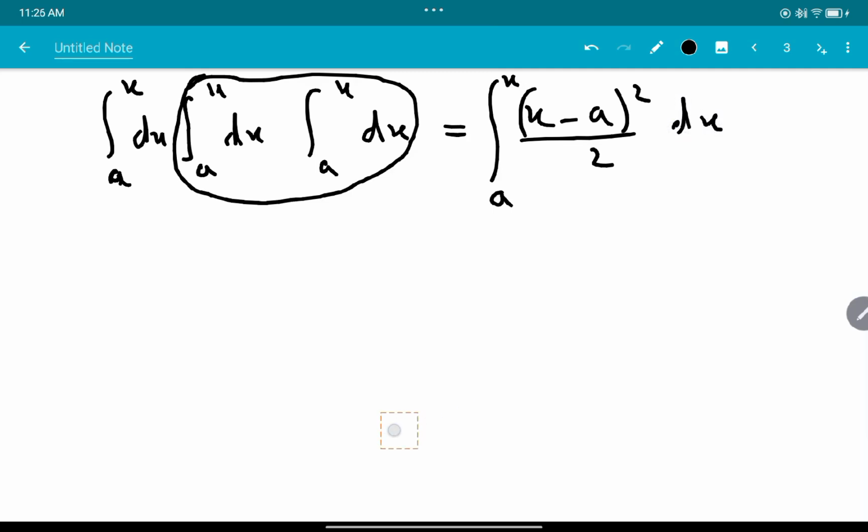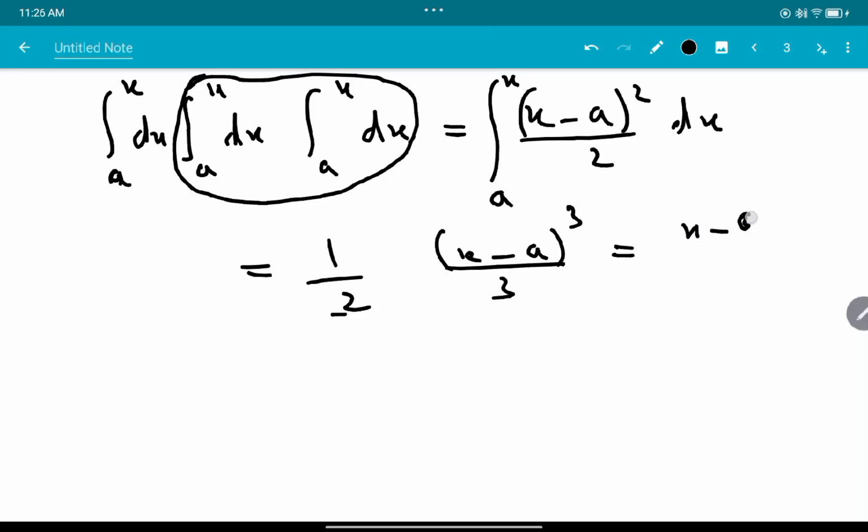Now take this 1/2 out and integrate: (x - a)^3 divided by 3. You can see the factorial. Now we have (x - a)^3 divided by 3 factorial.